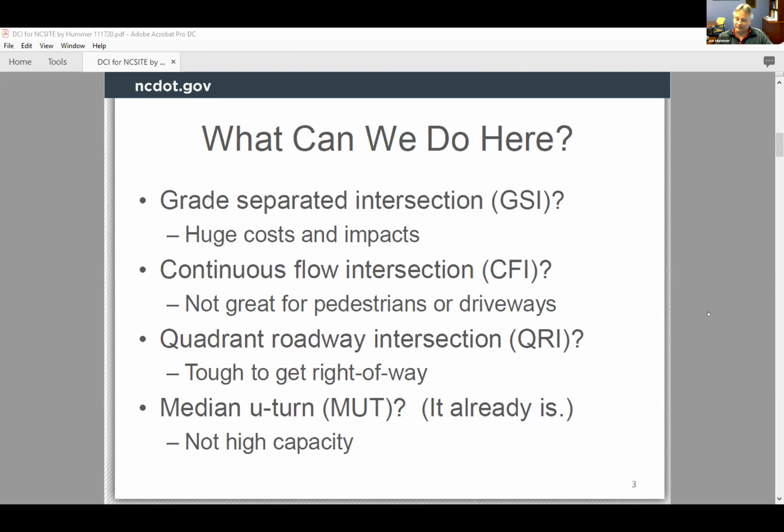And then the median U-turn, like I said, a lot of good features, but not a very high capacity as it turns out. So we're kind of stuck at a place like that with oftentimes still not a lot of good options really to knock it out of the park. So what can we do?